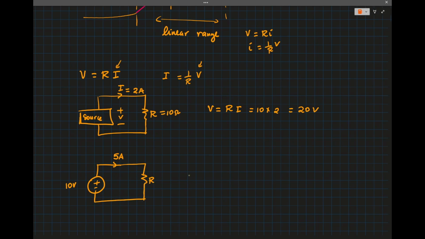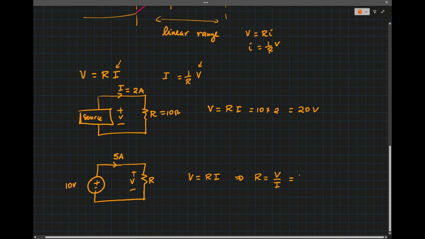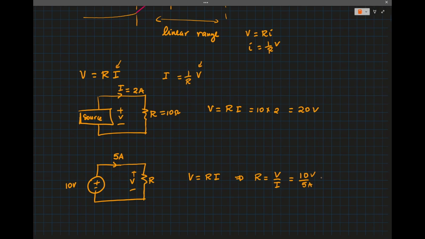We can calculate the resistor. So we know that V, the voltage across the resistor, is Ri. So this implies that R is equal to V over I, which is 10 volts divided by 5 amps, and this gives me 2 ohms. Okay, so R equals 2 ohms.